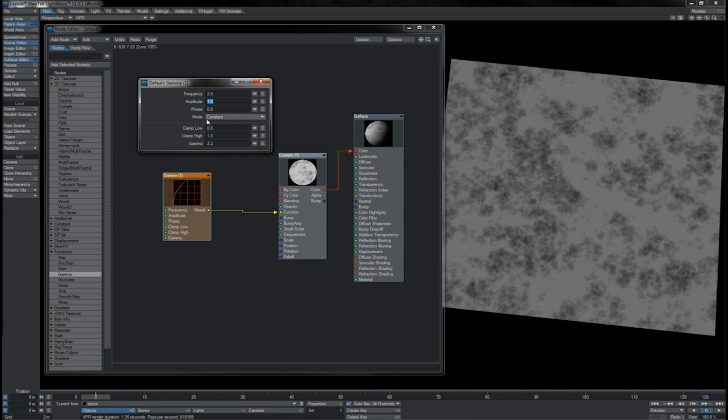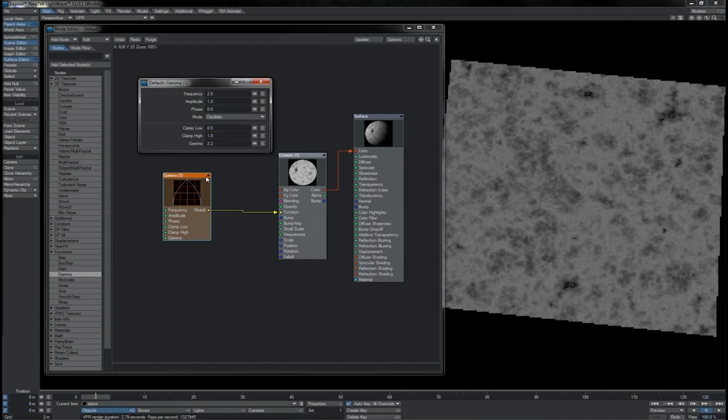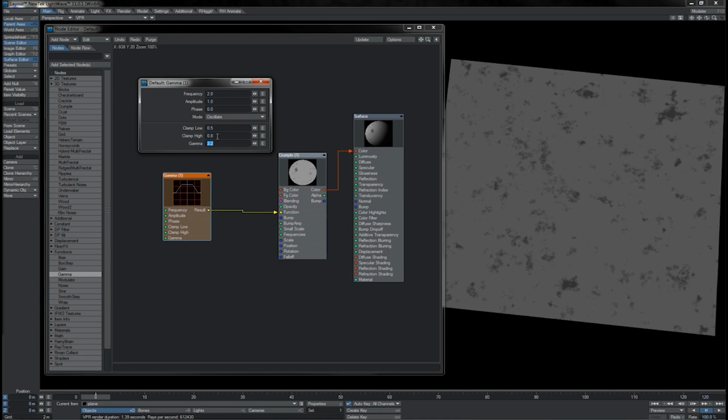That's because the mode is constant. I can set it to repeat, in which case it drops straight back down and repeats again. I can set it to oscillate, where I get a sawtooth style oscillation. Of course I can clamp the low values to bring up those bases there, and of course I can clamp the high values there, which will bring those down.